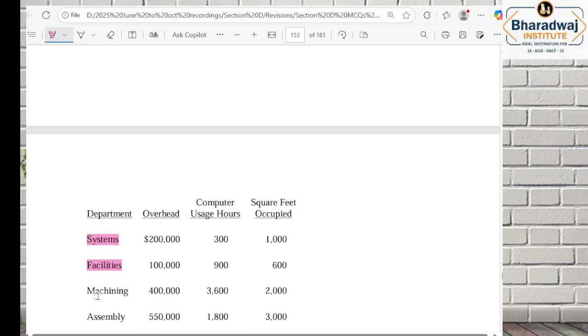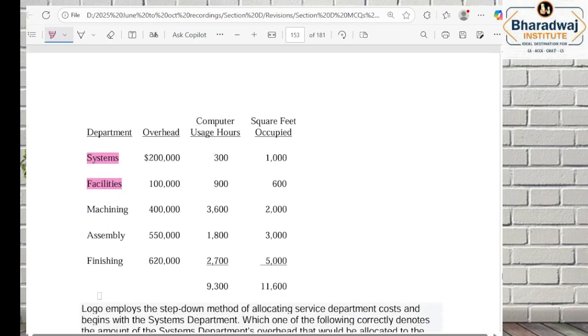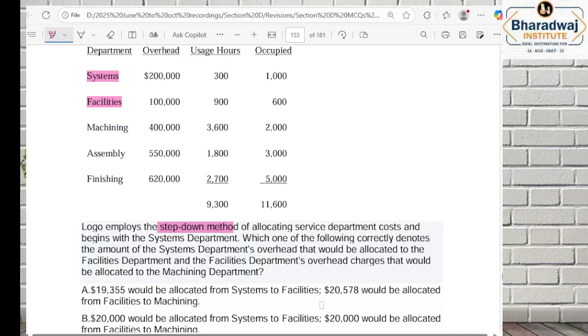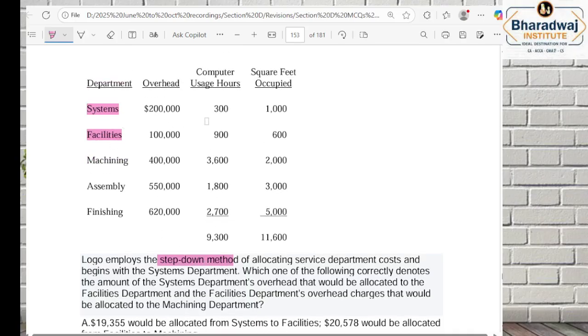Service department. Remaining three are production departments. They are going by step down method of allocating the service cost. Which one correctly denotes the amount of system department overheads that will be allocated to facilities department? Facility overhead charges that will be allocated to machining department. How much of system expenses will be allocated to the other one?